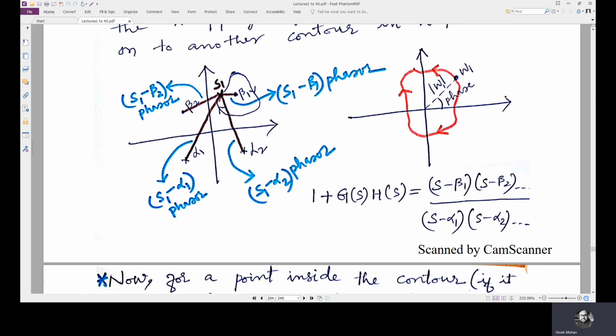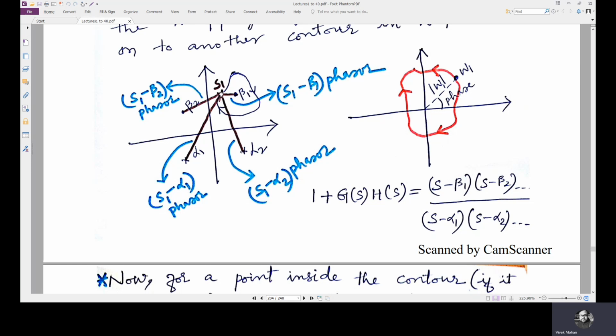Then what is the phasor S1 minus beta 1? That is shown here: the line joining the points beta 1 and S1. Now S1 minus beta 2, this one, right? S1 minus beta 2. This is S1 minus alpha 1, then S1 minus alpha 2. Now this is only one point on the contour.